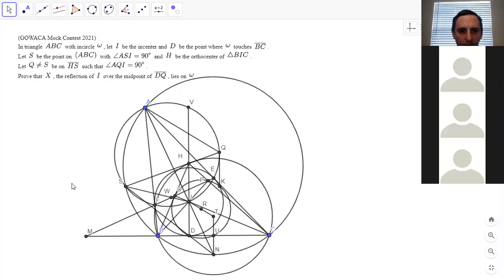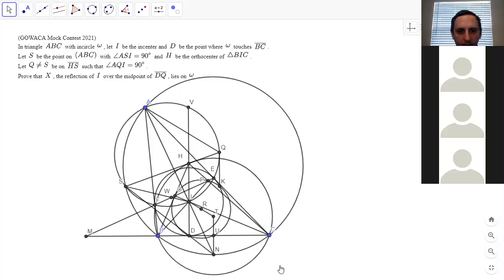Let's see, I keep forgetting what we want to prove. So we want to prove IT is parallel to AQ. Can we show angle QAI is angle TIN?